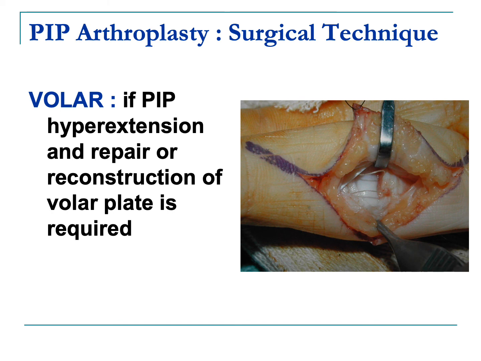And in this situation, a volar incision would make sense because at the time of surgery, the volar plate could be reapproximated, or a slip of the FDS could be used to reconstruct the lax volar plate. If this is not done and the implant is inserted either from the dorsal or lateral side, then the recurrence of the swan neck deformity will be a significant consideration.